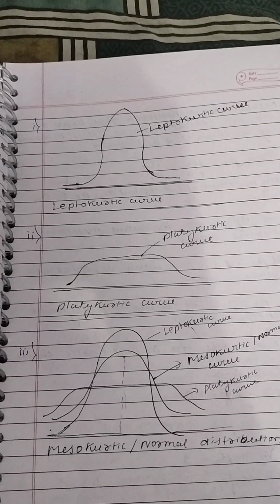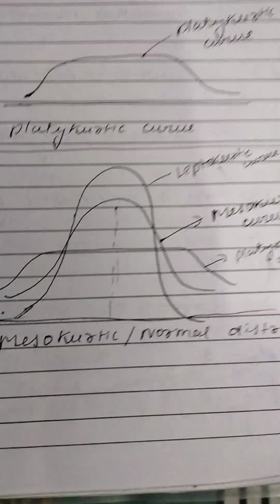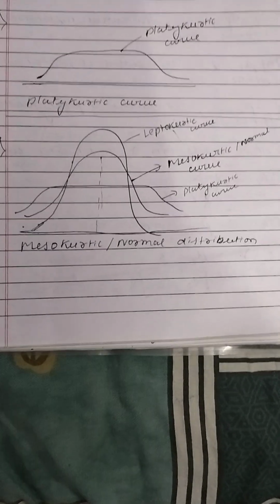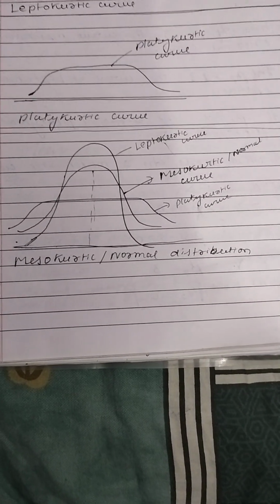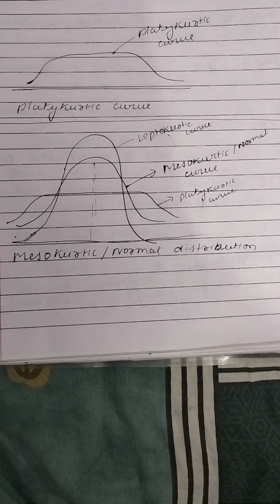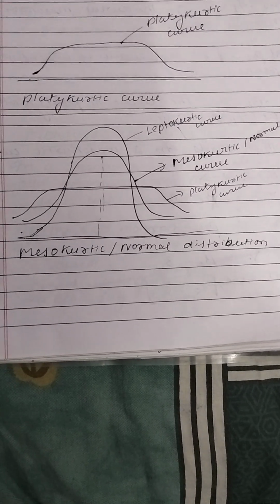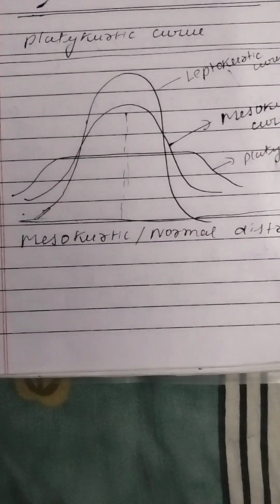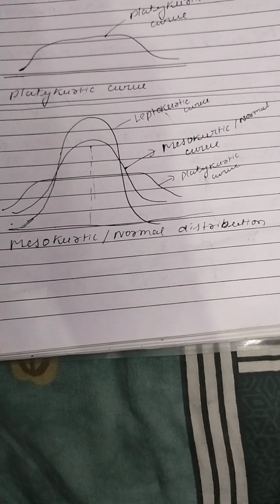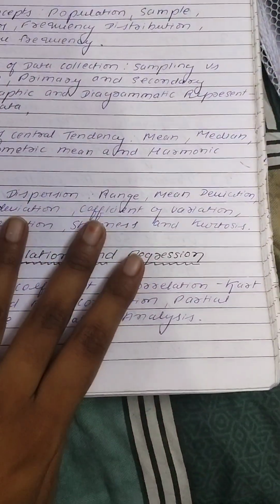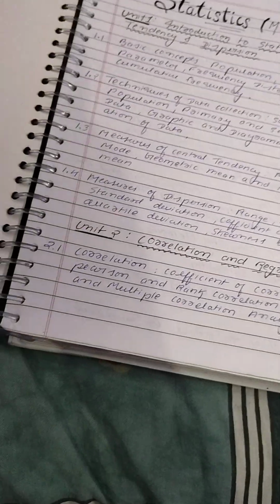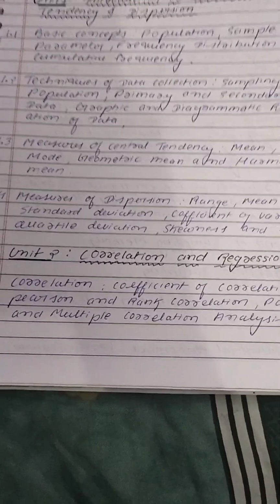The first is leptokurtic, then platykurtic, and the last one includes all three curves, with the mesokurtic normal distribution. So the highest is the leptokurtic, the middle is mesokurtic, and then platykurtic. This is just a visual graphic. When you study, you will be able to understand the graphs.